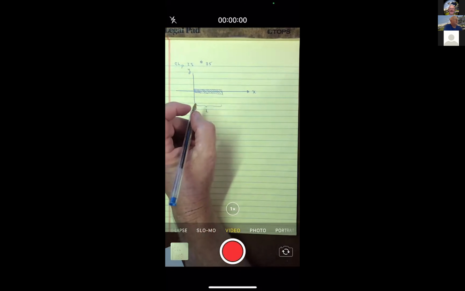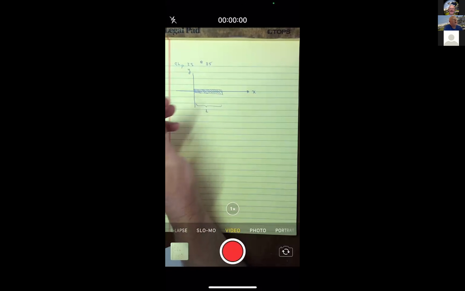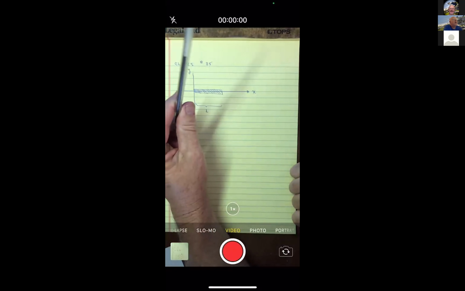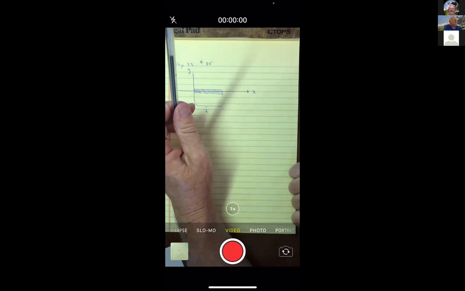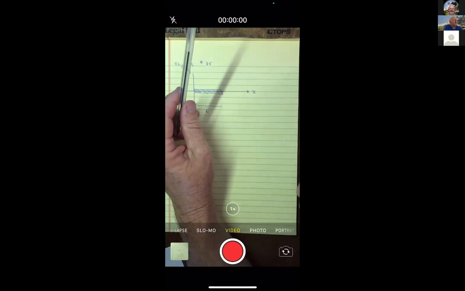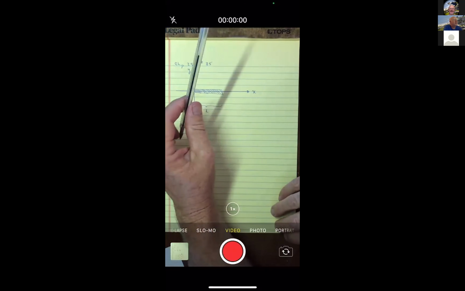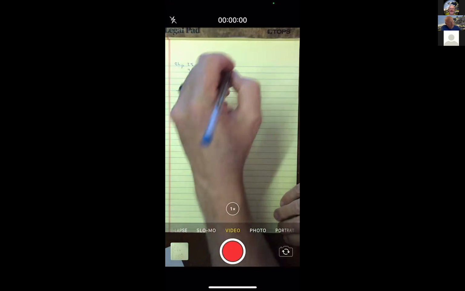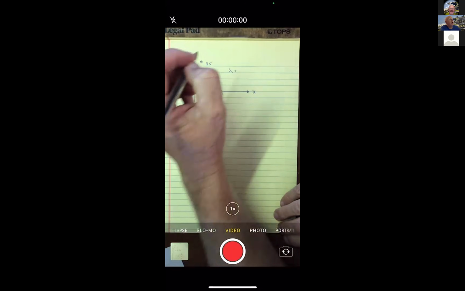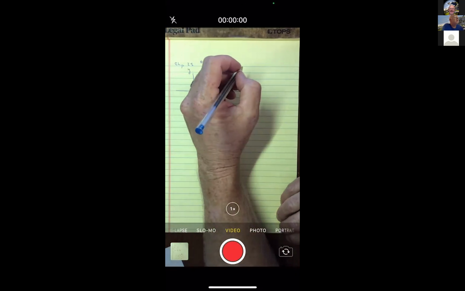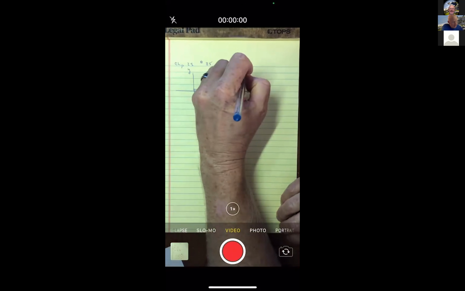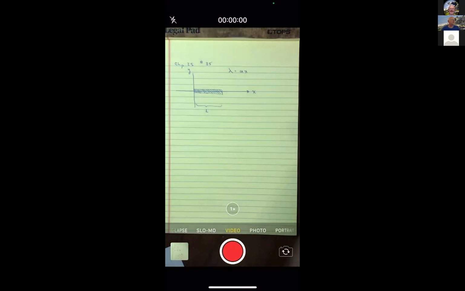I'm going to read it again. A rod of length L lies on the x-axis with its left end at the origin. It has a non-uniform charge density of lambda, so charge changes according to this equation, alpha x, where alpha is some positive constant.